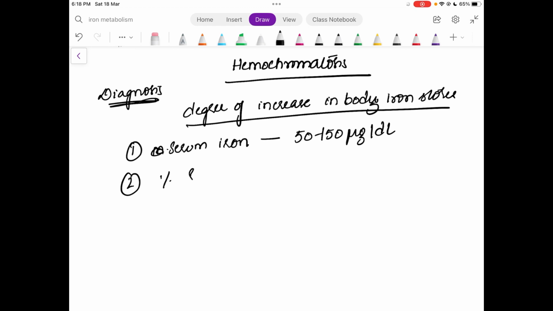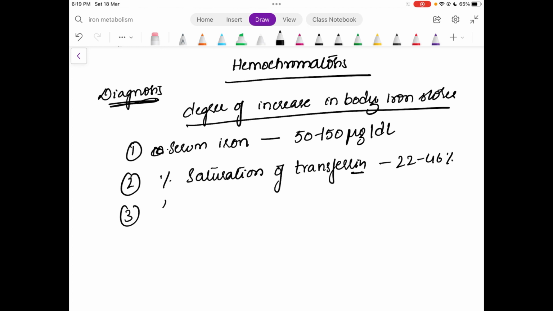Next, the percentage saturation of transferrin. It should be in the range of 20 to 46%. Third, you have to measure serum ferritin concentration.